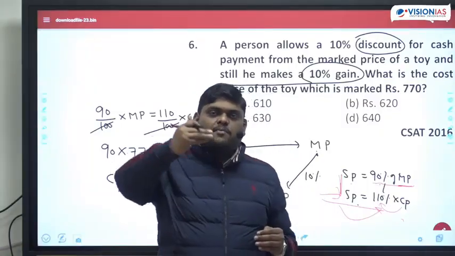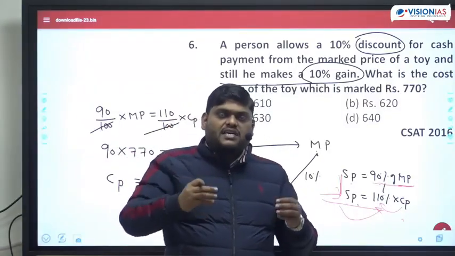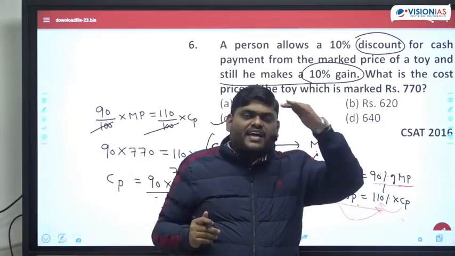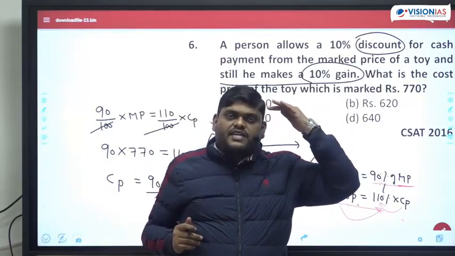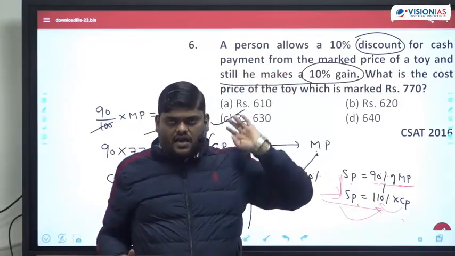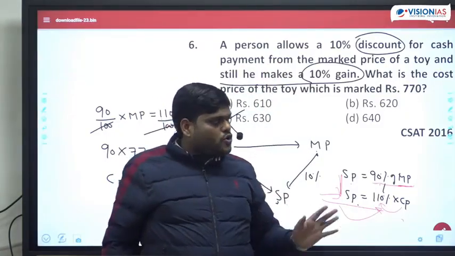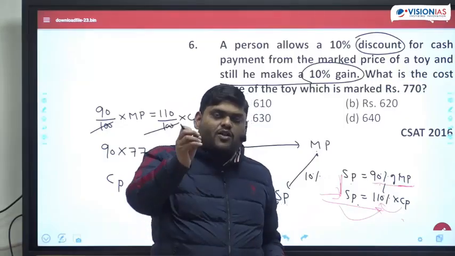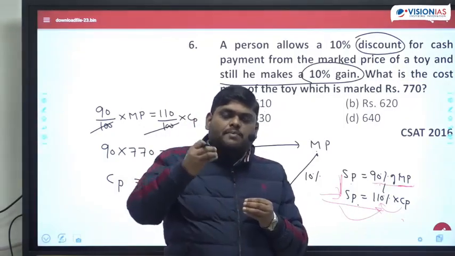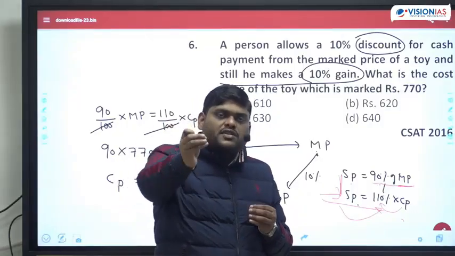If there is an increment of 10%, that means, like, if my height is increased by 10%, right now my height is 100%. If it is increased by 10%, my height becomes 110% now. A simple concept. Profit and loss, I told you, is simply increment and decrement on the cost price.